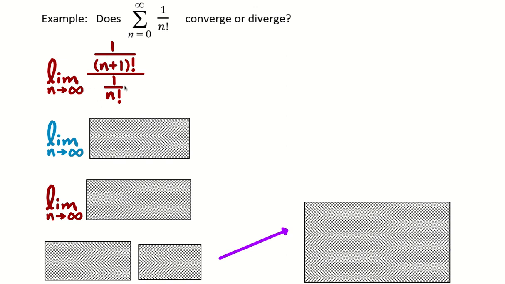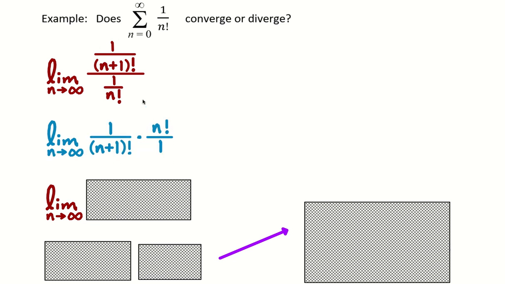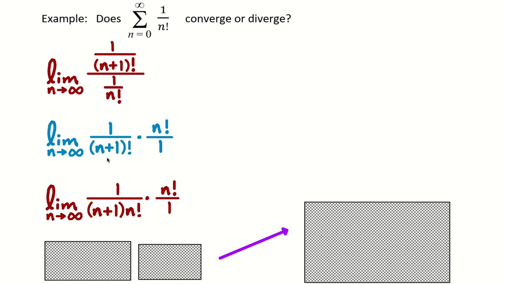So what can you do with this crazy thing? Let's actually take this limit. Instead of dividing by this fraction, you multiply by its reciprocal, and what's going to end up happening is some canceling, because n plus 1 factorial and n factorial are going to cancel with each other a little bit.